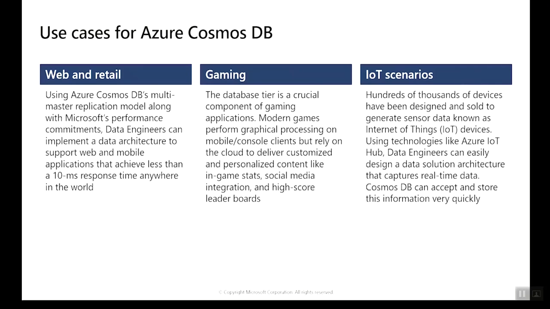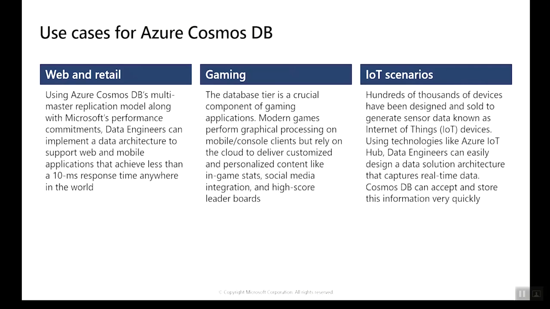Games often require single millisecond latencies for reads and writes to provide an engaging in-game experience. And so a game database needs to be very fast, and it needs to be able to handle massive spikes in request rates, especially during new game launches or new feature launches and updates.